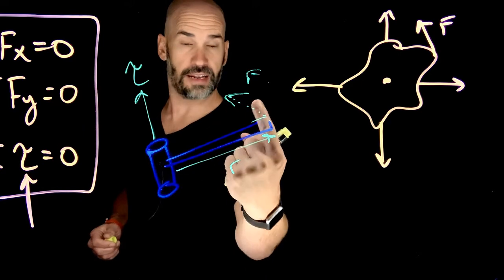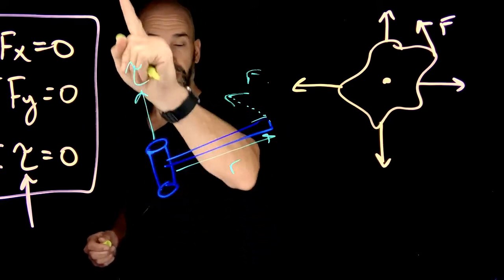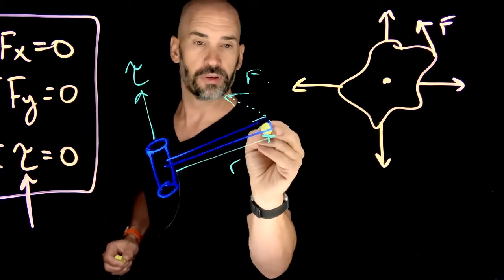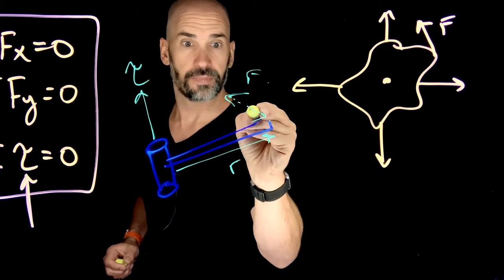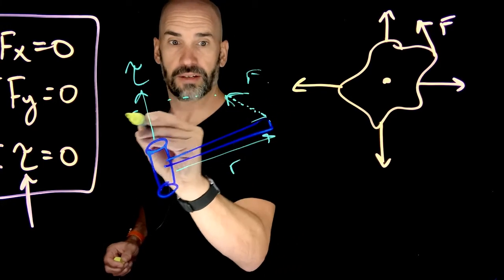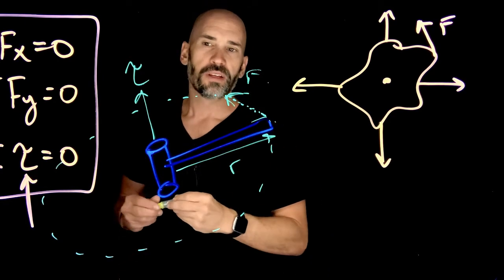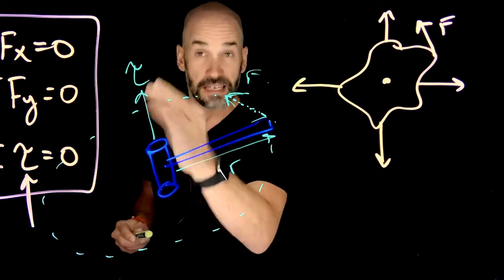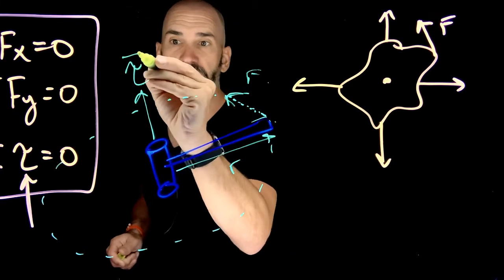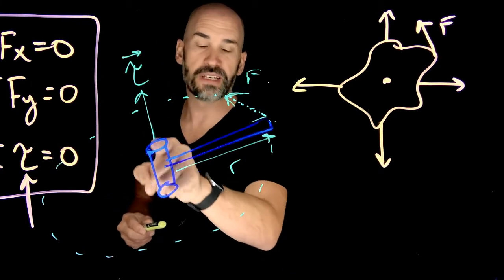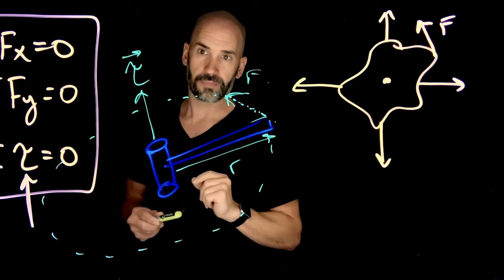So R and F are in this plane, and torque is going up. So basically, this force here will make this want to rotate in the circle, right? And so the interesting thing about the torque is it's a vector, and the direction of that vector is always perpendicular to both R and F, okay?